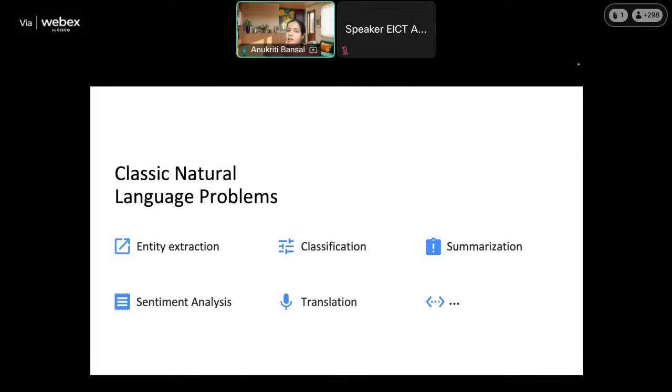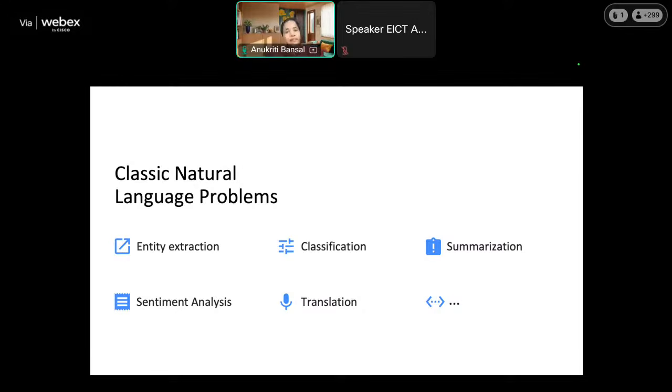Entity extraction could be anything. It is as simple as this: suppose you have an invoice. Your entities could be the date, the vendor details, GST number, amount, items, quantity. These could be your entities. So, entity extraction.